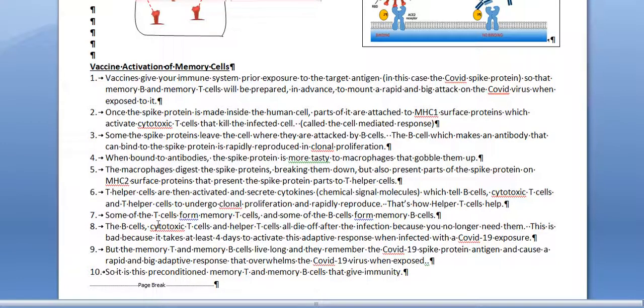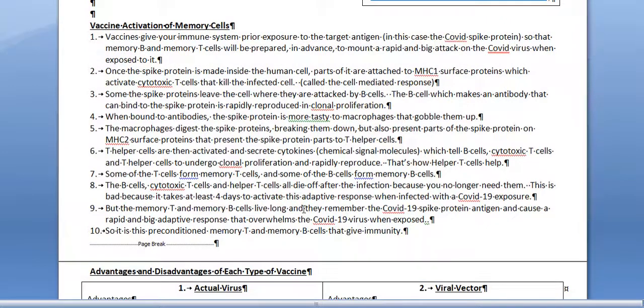Now, the B cells, cytotoxic T cells, and helper T cells of the adaptive immune system die off rapidly after the infection is gone, because you no longer need them, and why waste the effort, resources, and energy to make them, right? This is good because it saves resources, but it's bad because the next time you get infected, it takes 4 days to activate this adaptive response again, right?